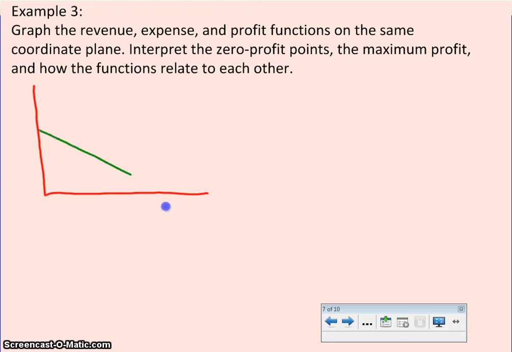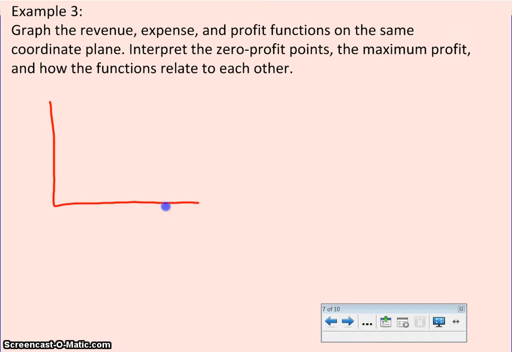So we have our expense equation, we have our profit equation, and we have our revenue equation. And so our maximum points, this one I was a little bit off on again. Let's just try this, I apologize, one more time. I'd like to be able to identify each of them on here, and that's why I want to make sure that I can actually show them to you. Okay, so let's try this again. Last time. So that's probably a little bit more accurate.